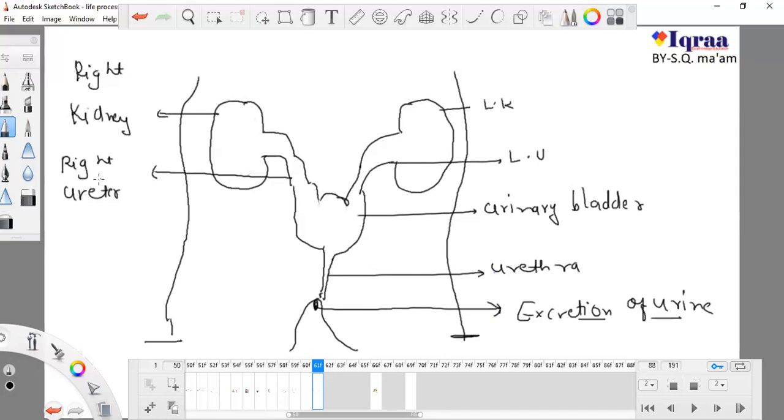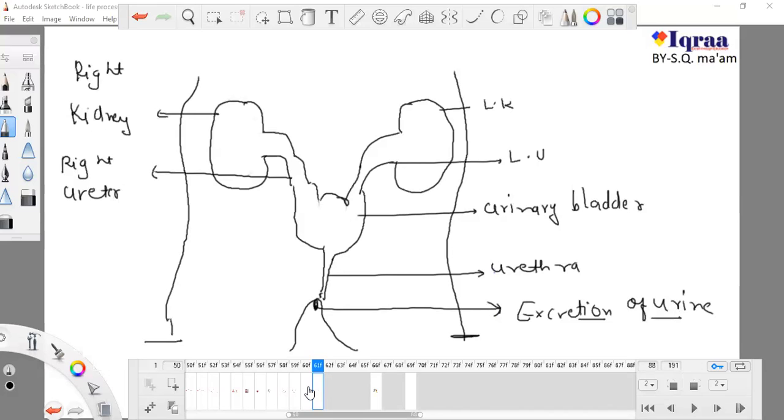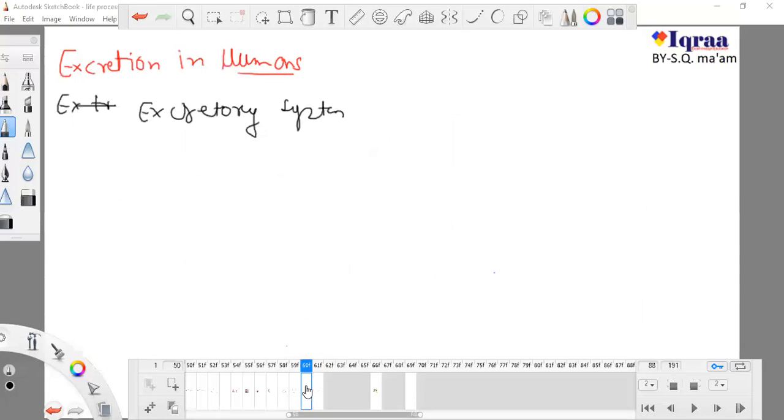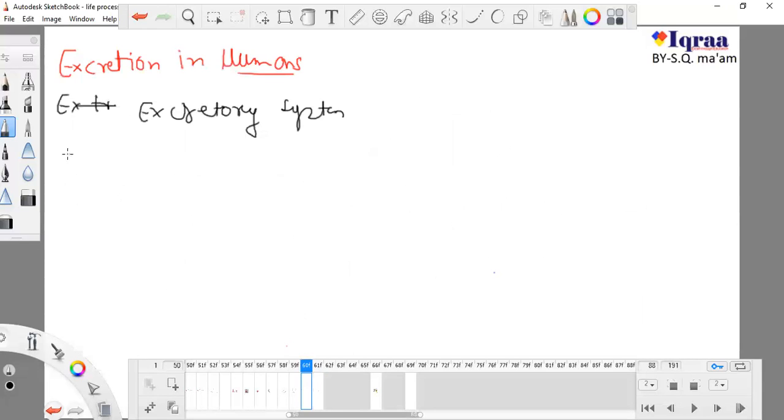So if you are writing about the structure of this system, which is known as the excretory system, remember to write about each specific organ. If you are asked to write about this, the first thing I write about is the kidneys.